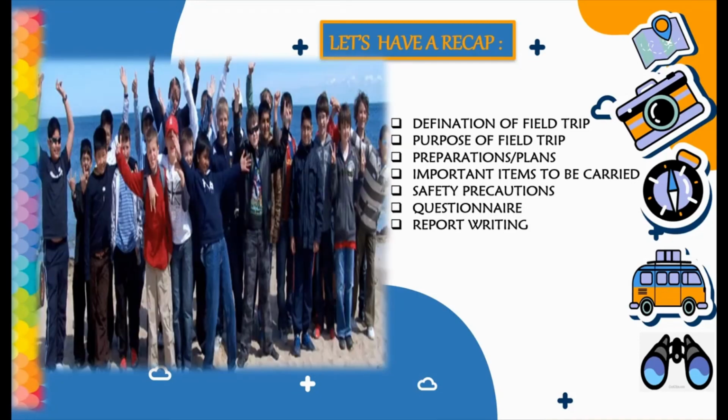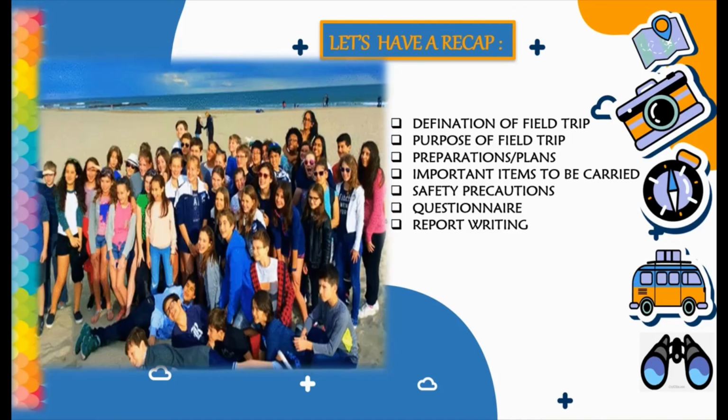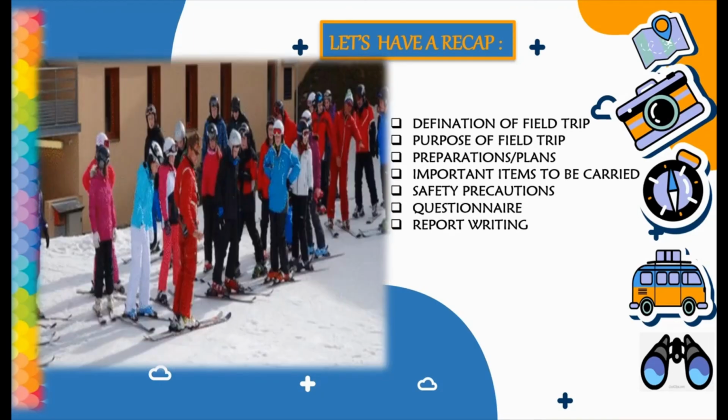Precautions that we will take during a field trip are to ensure safety of oneself and others, carry a first aid box and identity cards for emergency, and safeguard the natural surroundings and historical monuments during the visit.